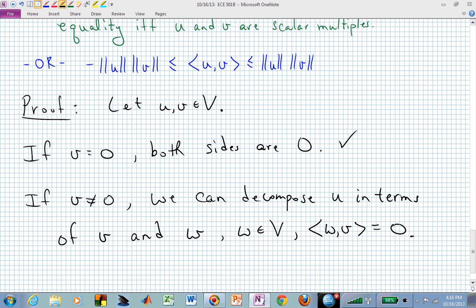I've introduced a third vector here, but if its inner product with v is 0, then w and v are orthogonal. So w is what I had written in blue before when we first started. That's the orthogonal direction of v. So we're going to decompose u into these two pieces, a piece along v and a piece that's orthogonal to v.